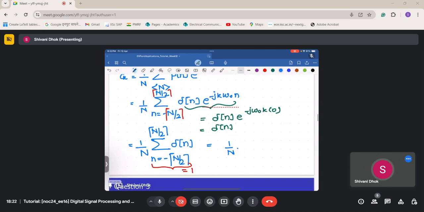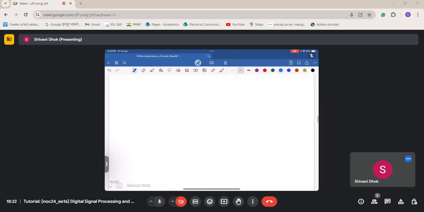Therefore P of omega will be equal to 2 pi into summation k running from minus infinity to infinity ck into delta omega minus omega naught k.